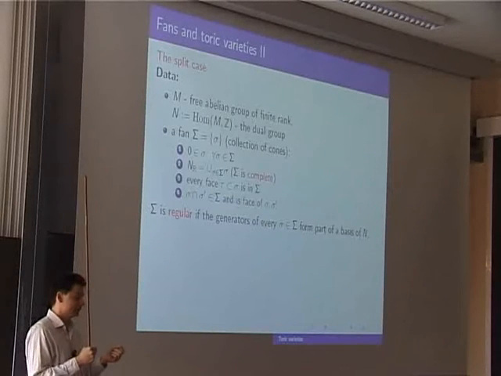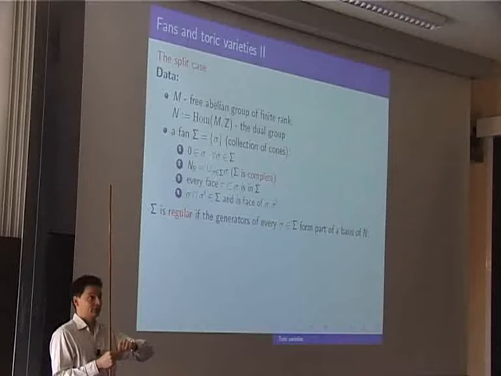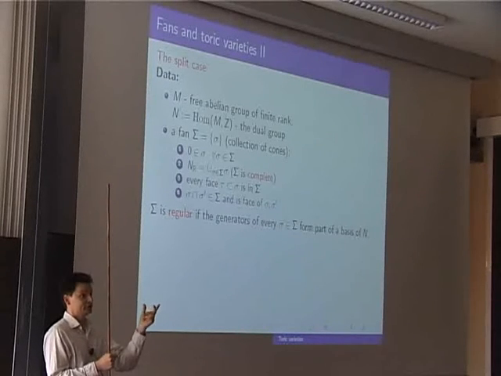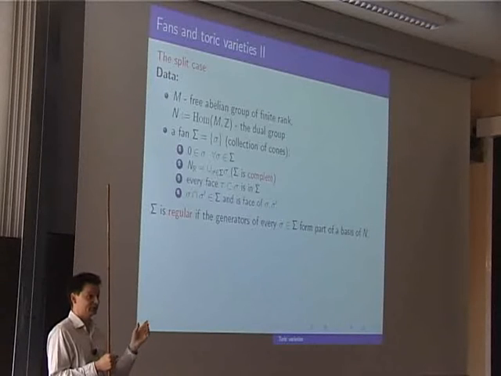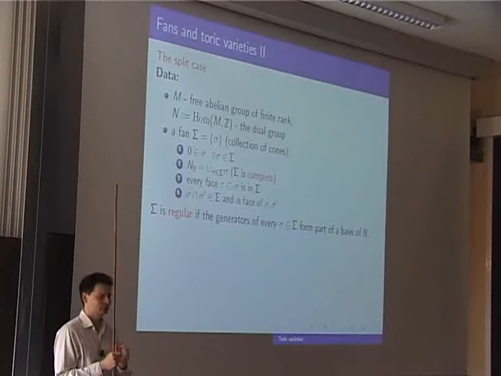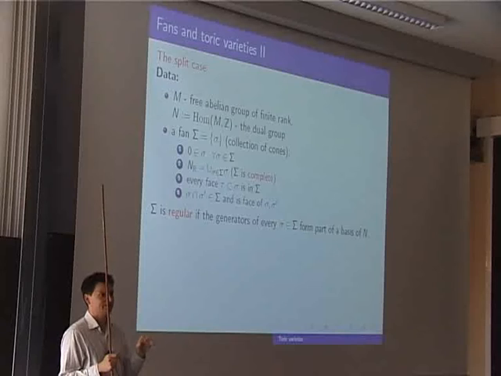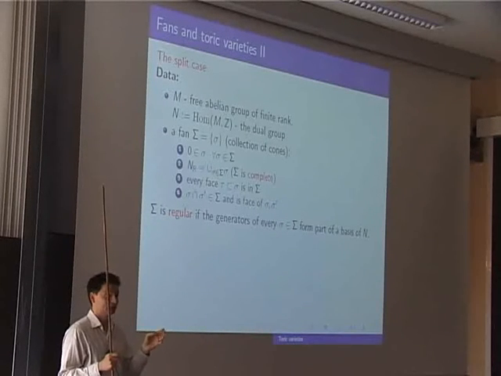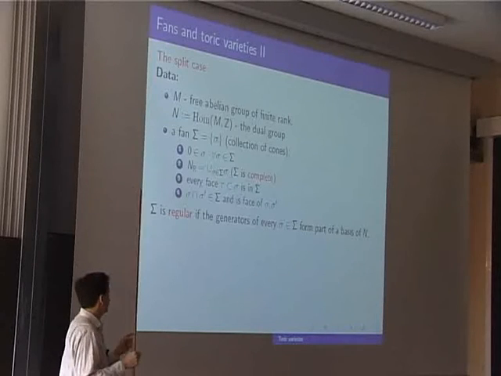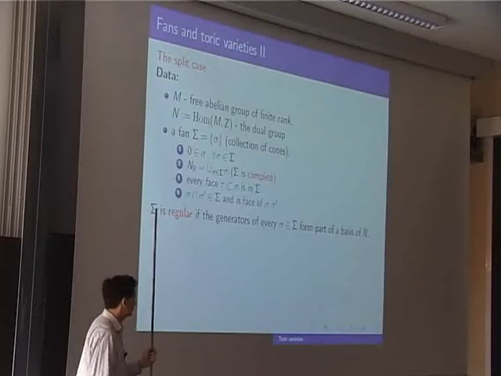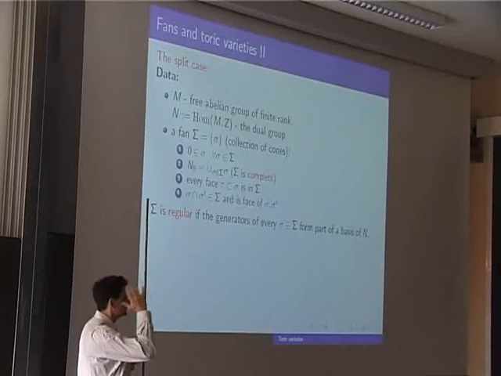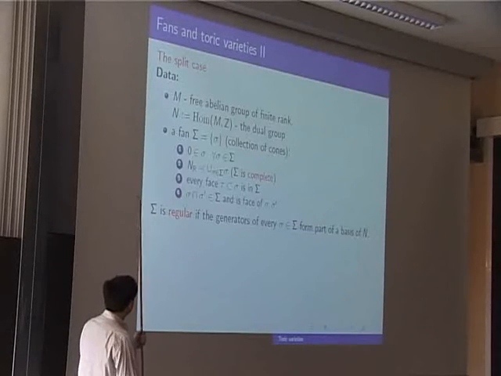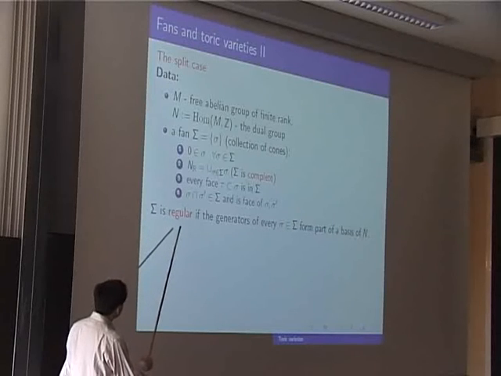If you like, just pick vectors e1 up to en, and some of them will be spanning cones, and so that's the picture. In fact, the most difficult part here is to distinguish between M and N. It takes many years of hard work to figure this out, and it's essential to keep in your head what is M and what is N. In any event, when is such a thing regular?